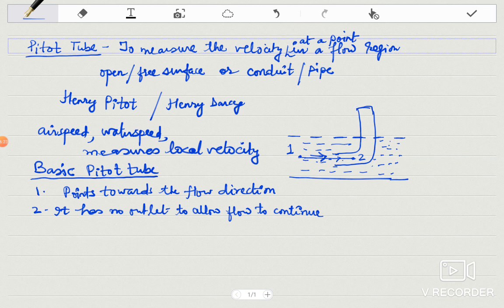Now some important points are, one is static pressure and another is stagnation pressure.